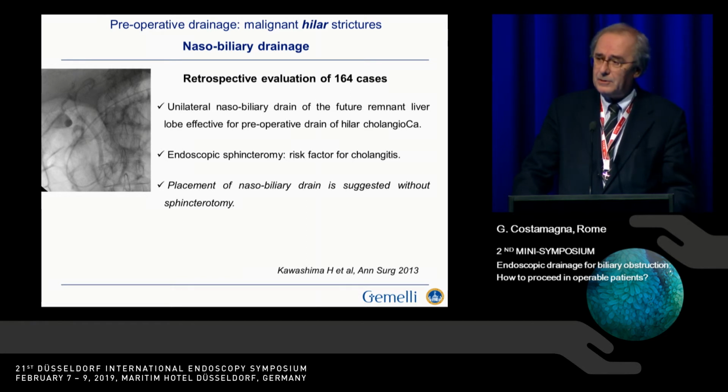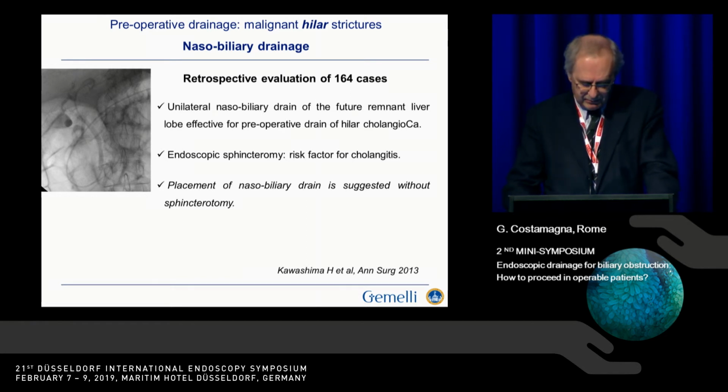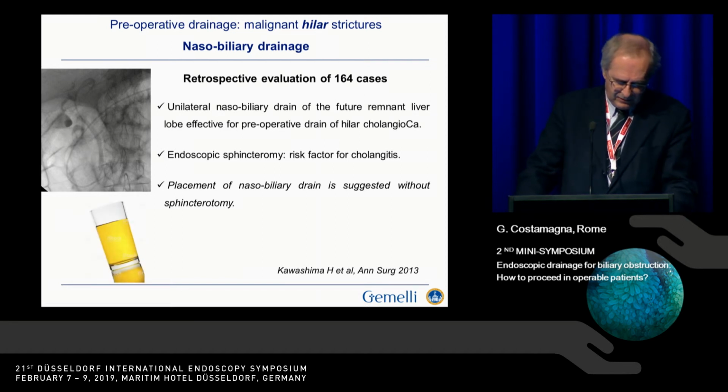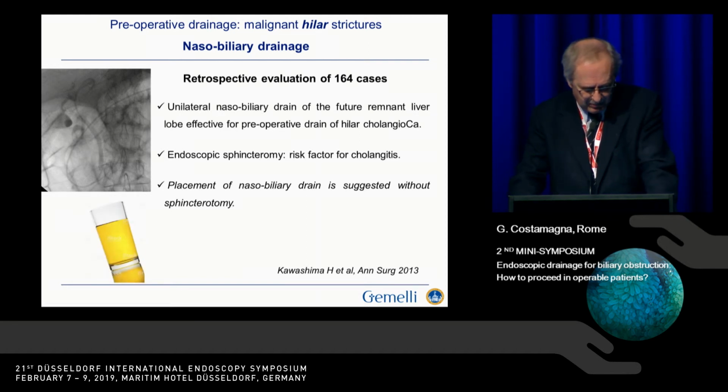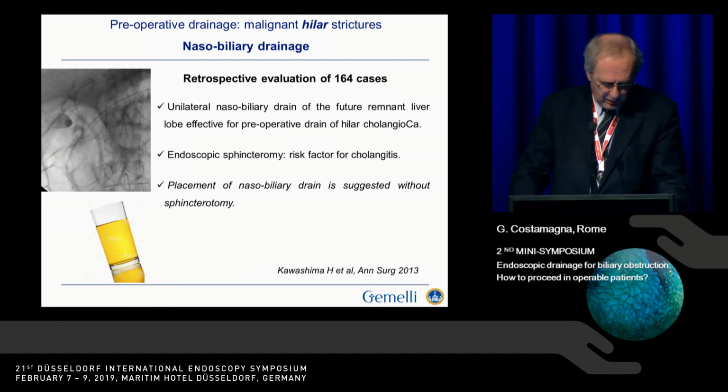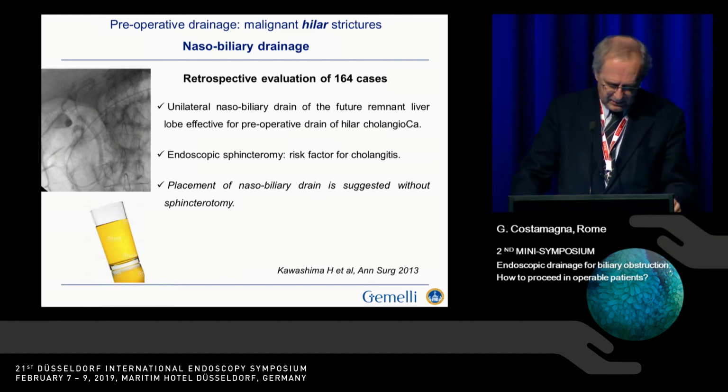They considered endoscopic sphincterotomy as an adjunct risk factor for cholangitis, so nasobiliary drain may avoid it. And they suggest to place a nasobiliary drain without sphincterotomy. I think that this will be difficult to do in our setting in Europe.